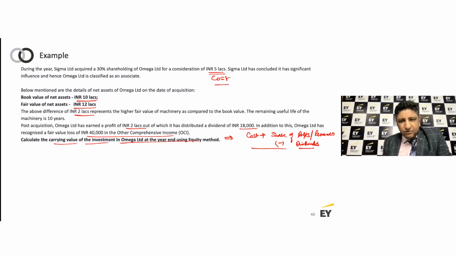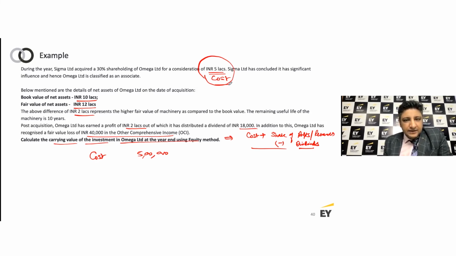So when I look at this entire information, let's pick up what is relevant for me as Sigma Limited. What is the value of the investment I'm supposed to show, as far as the investment in Omega Limited, which is an associate, is concerned? We would say my original cost is given to me at 5 lakh rupees.